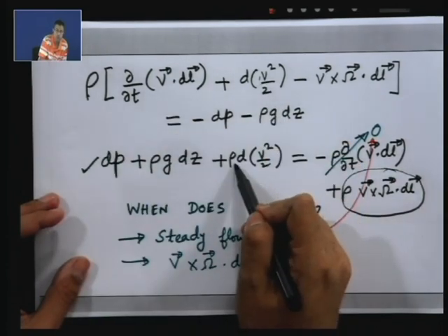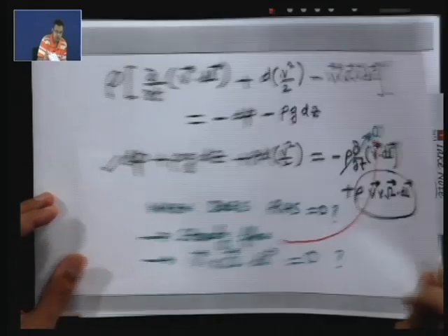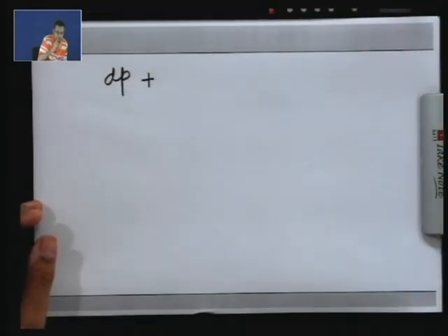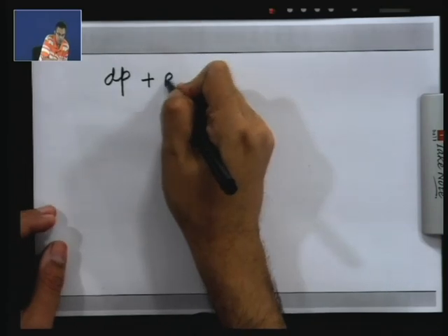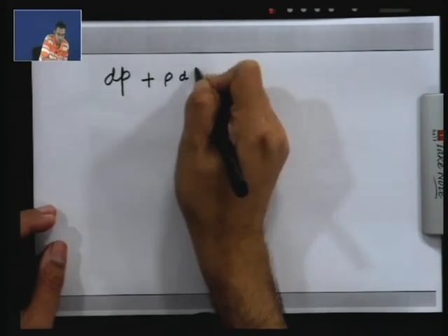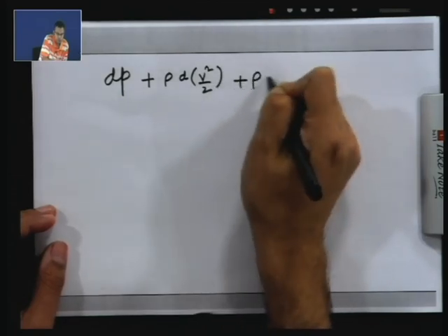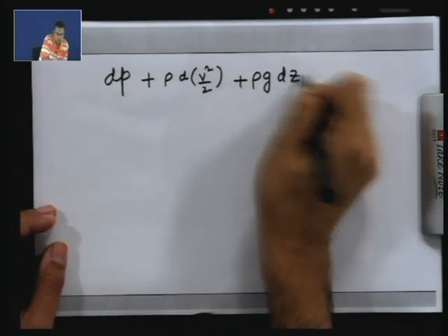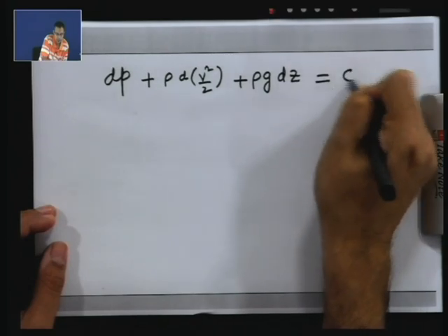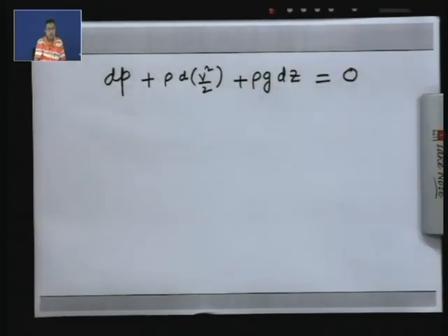So, the rho has to be there, please correct this equation. So, dP plus rho d v square by 2 plus rho g dz is equal to 0. This is another form of the Euler equation.